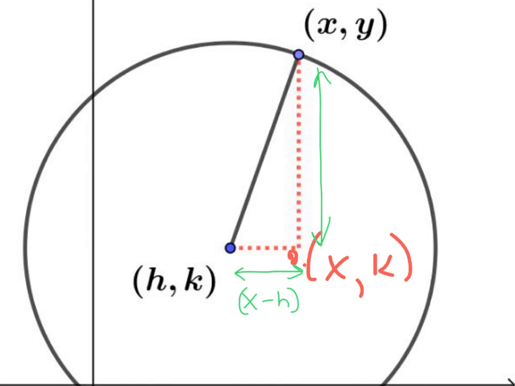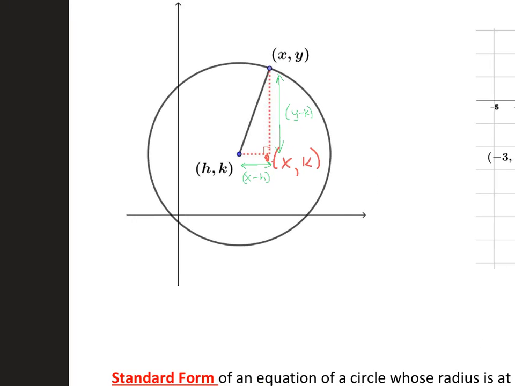And if I look at the vertical piece, this top point is at y and this bottom point is at k, so its length is y minus k. Because this is a right triangle, we are again going to use the Pythagorean theorem.